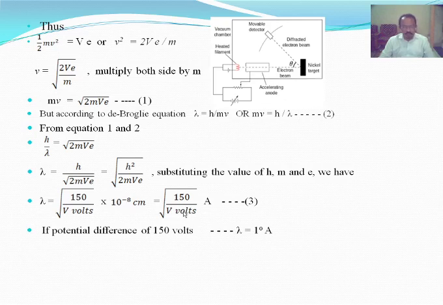If we apply a potential of 15,000, then the wavelength of accelerated electron will be 0.1 angstrom. That means we can generate an electron with a known wavelength. Therefore, the wavelength of this accelerated electron is known, which depends upon this potential. That is due to this equation number 3.